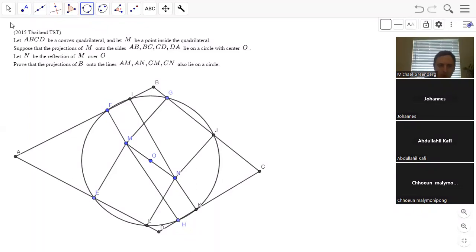So that's one of the angles, and then angle AMB is angle AMF plus angle BMF, and that's angle AEF plus BGF. So let's think about that. So CGH plus DEH is AEF plus BGF.